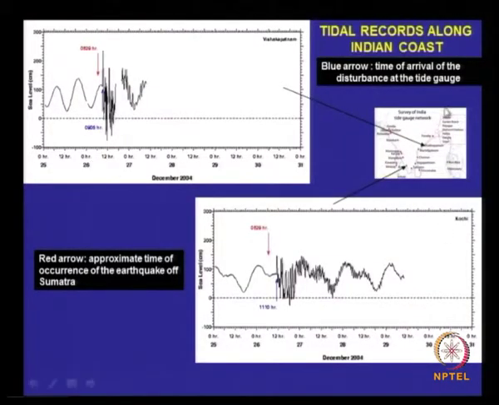So this is Visakhapatnam, this is I think Cochin. You see the blue arrow at the time of arrival. Before that you see nice smooth recording of the water surface elevation, but at the time of arrival of the tsunami, the gauge failed, that is it tripped; the tide gauge did not have the capacity to record a water level beyond that.